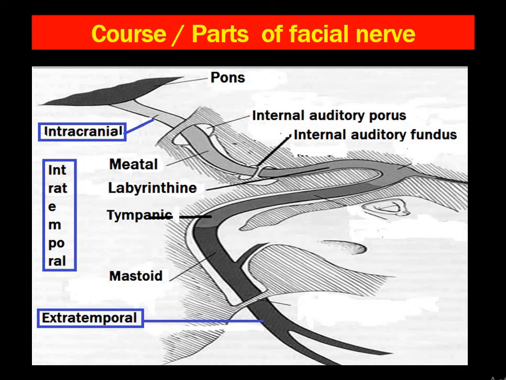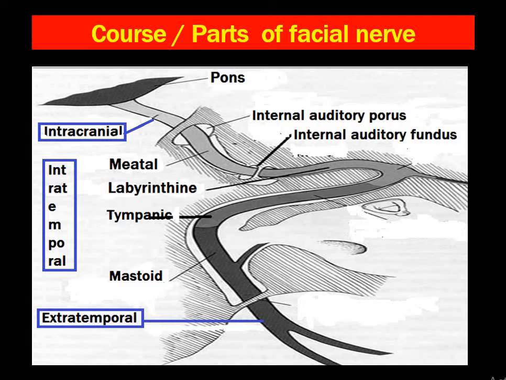The facial nerve has an intracranial portion starting from the pons to the porus of the internal auditory meatus, the meatal segment which lies in the internal auditory meatus, that is from the porus to the fundus of the internal auditory meatus. The labyrinthine segment, as the name signifies, lies above the labyrinth from the fallopian canal to the first genu.